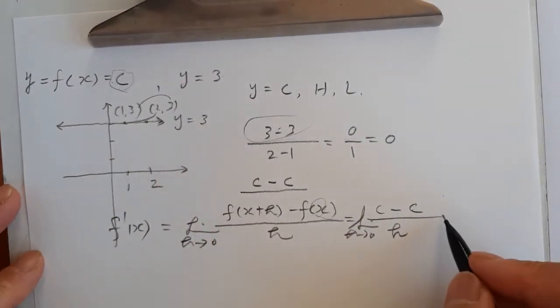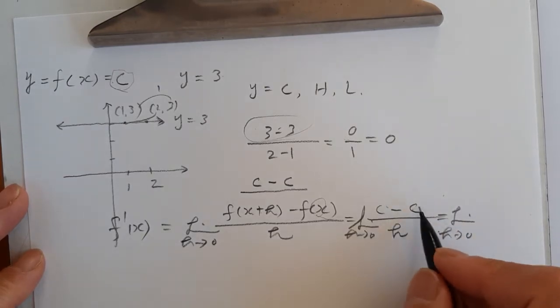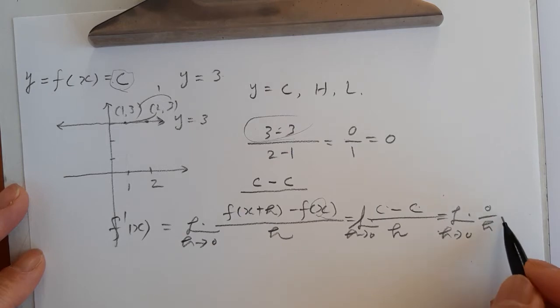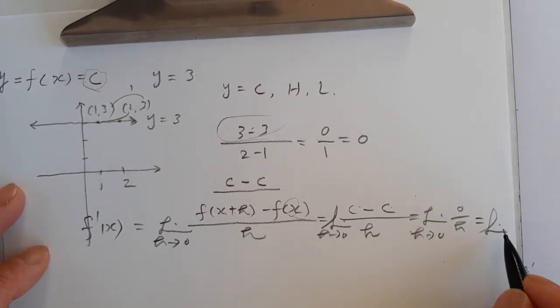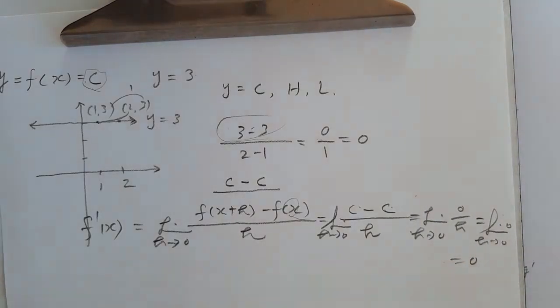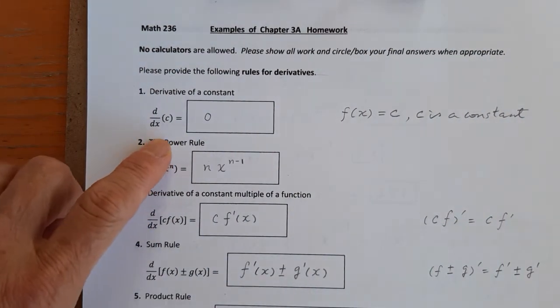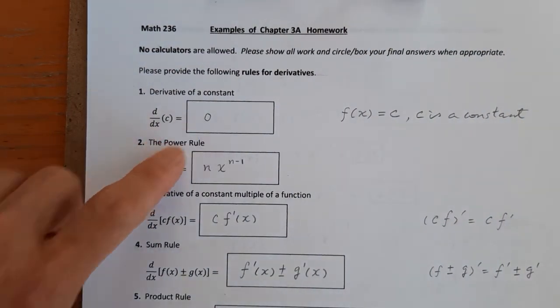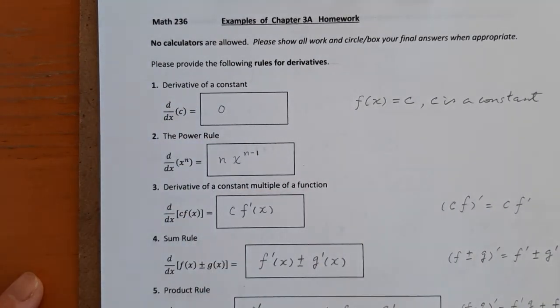So it's equal to limit h approaches 0 of c minus c, which is 0, over h. The limit of 0 when h approaches 0 is always 0. That's why the derivative of a constant function is 0.